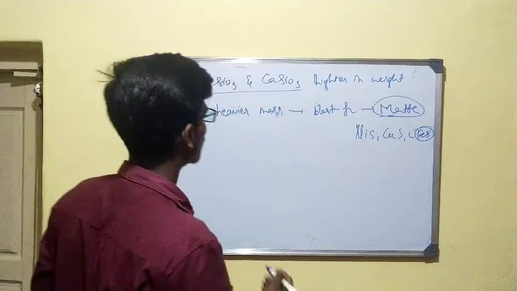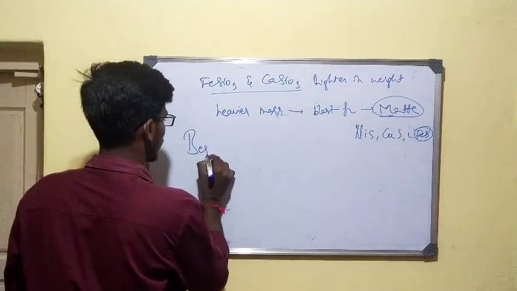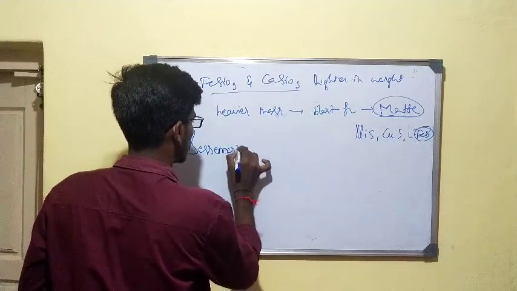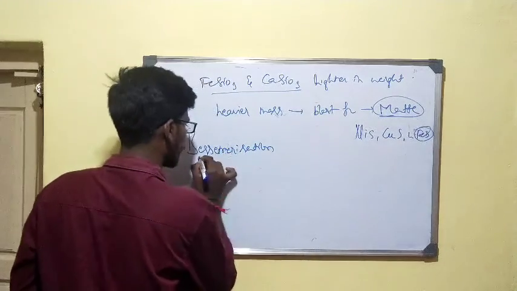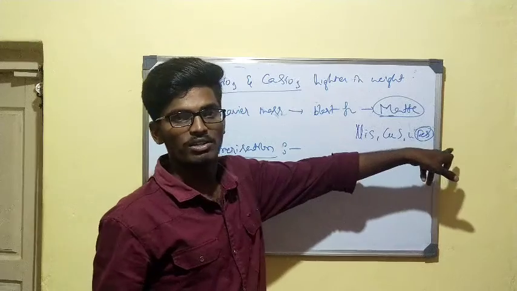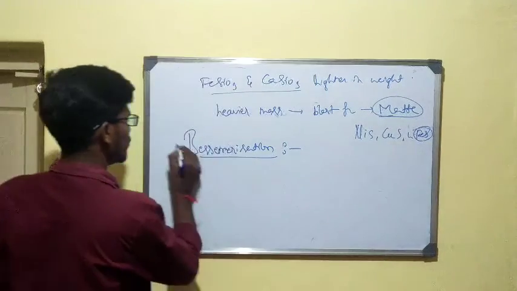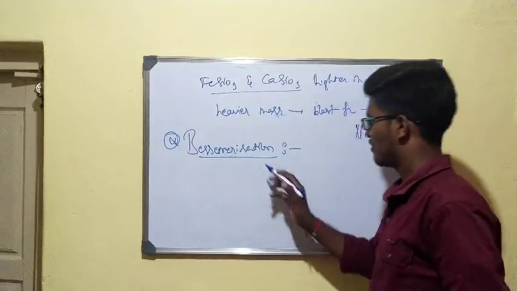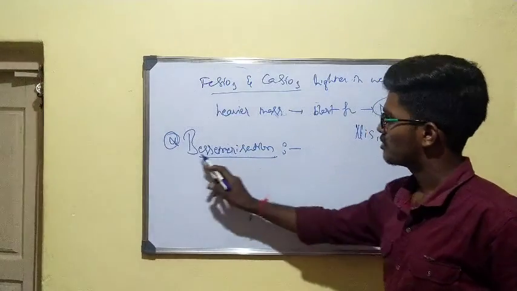For that we have a process, and that is Bessemerization. In Bessemerization, I can remove this iron sulfide, and this is the fourth step in the extraction of nickel.